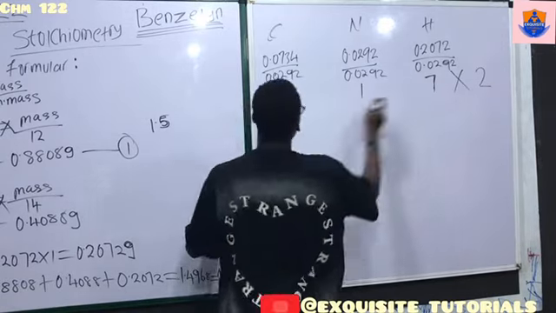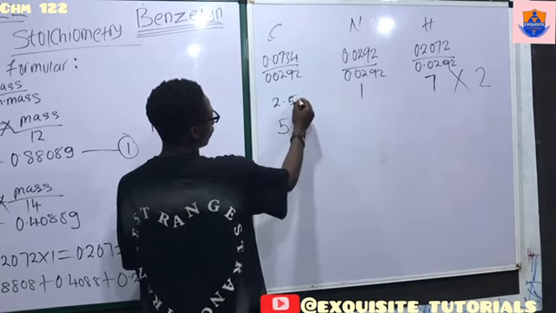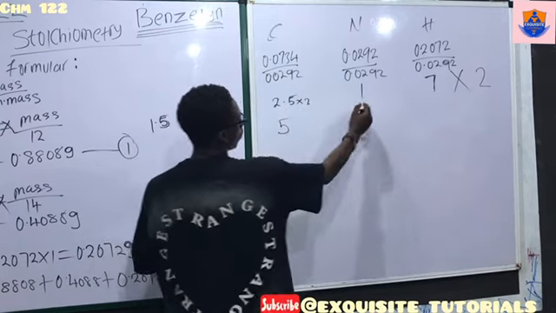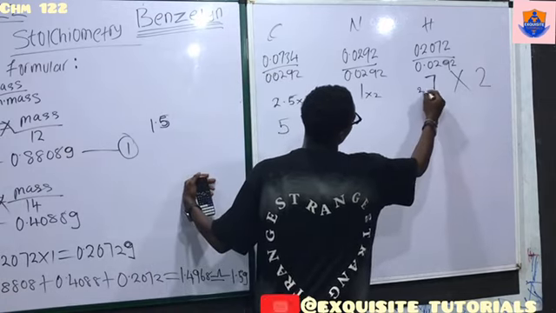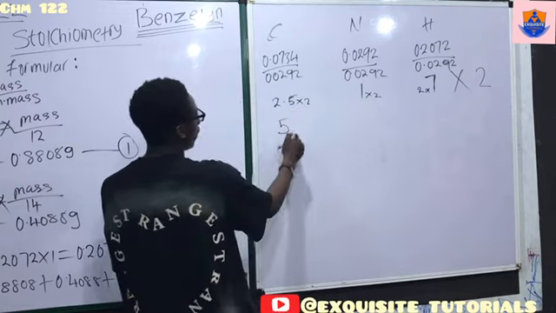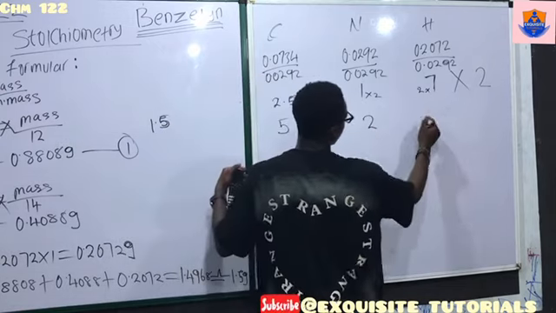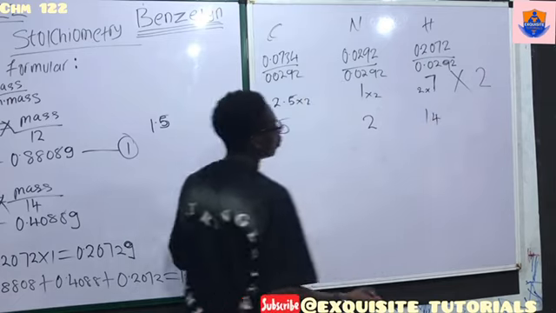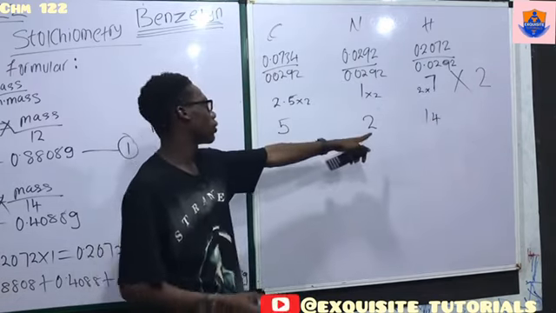So 2 times 2.5 is 5. 1 times 2 is 2. And 2 times 7 is 14. So now we are having a compound here.